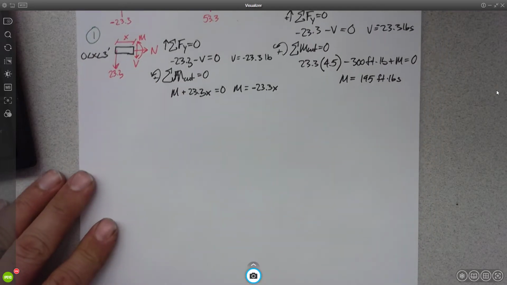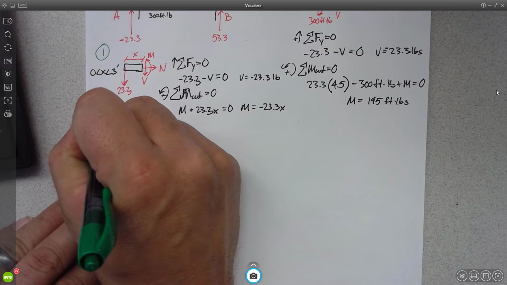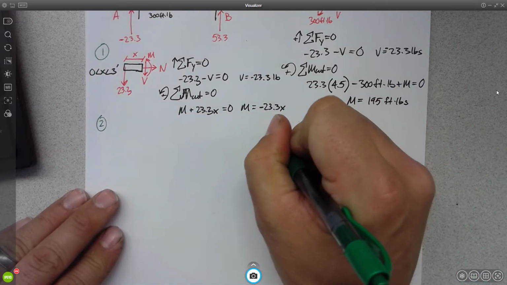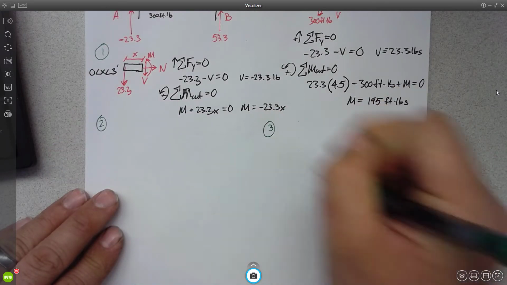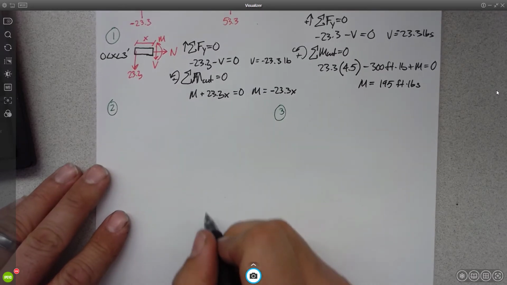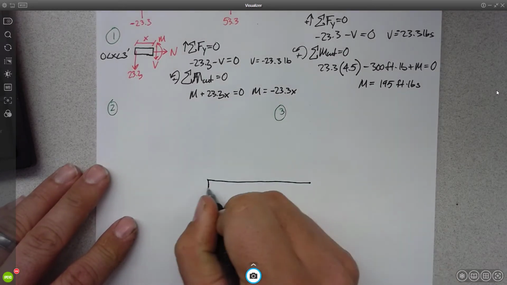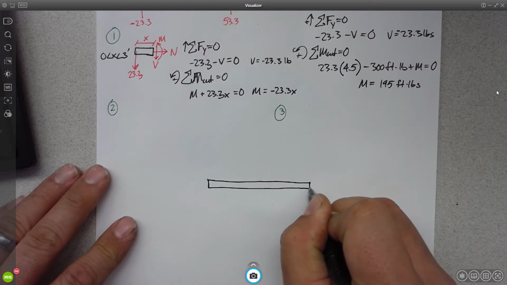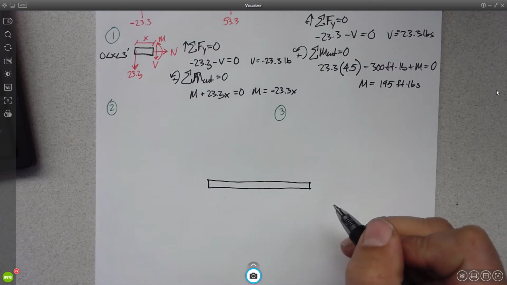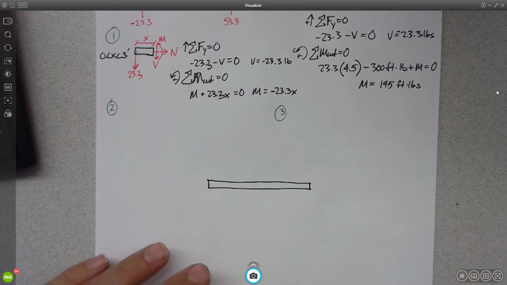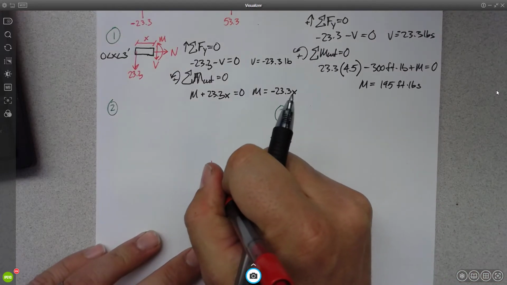So I'm going to leave myself some space so that we can do regions 2 and 3. But I'm going to come down here and make a plot. So here's my beam. Here are the loads on the beam.